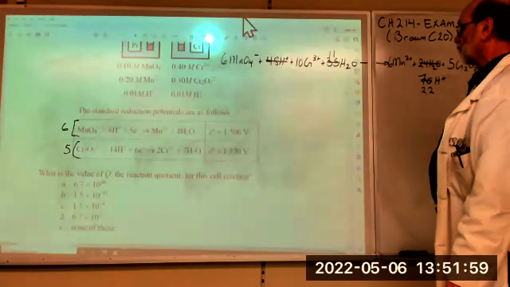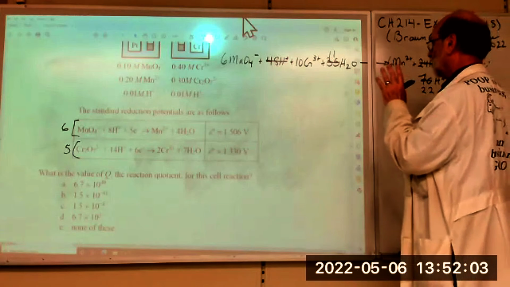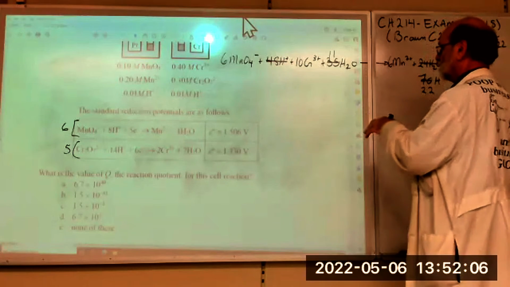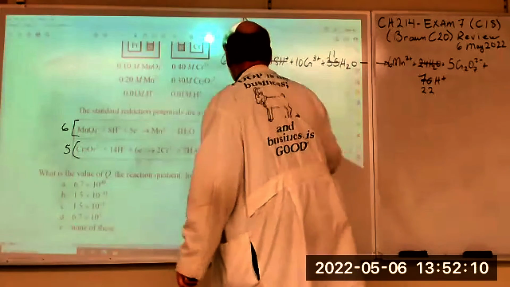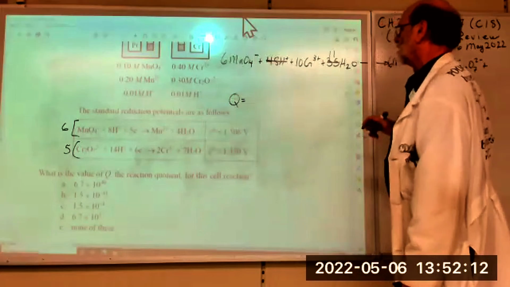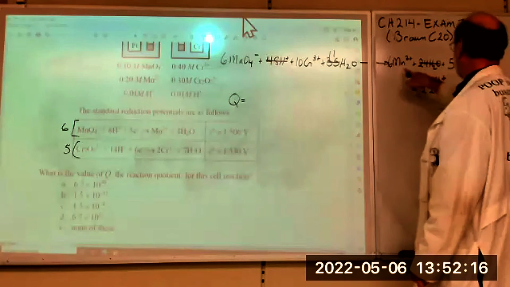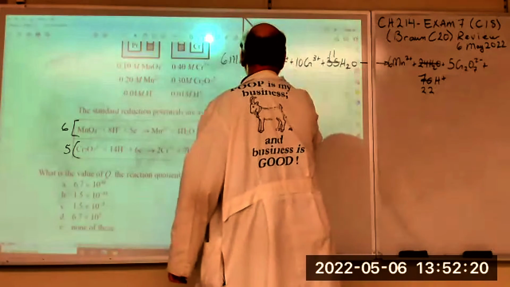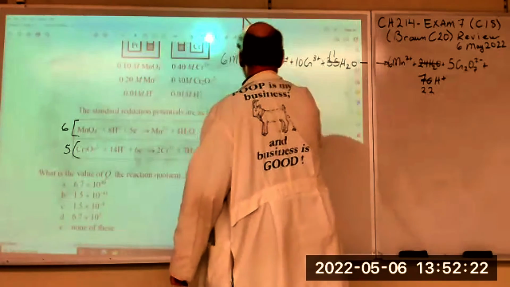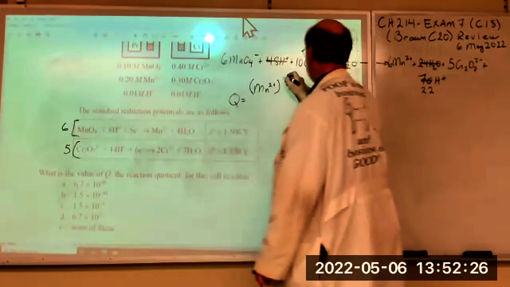So the Q would be based upon these reactants. And it would be an expression of the equilibrium constant only for true values. So we need Mn2+, in parentheses, not brackets, because it's not equilibrium.